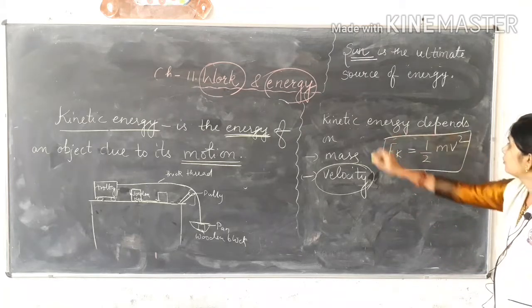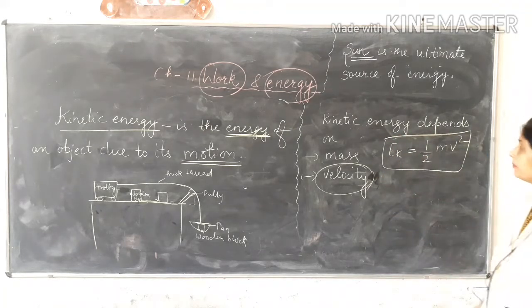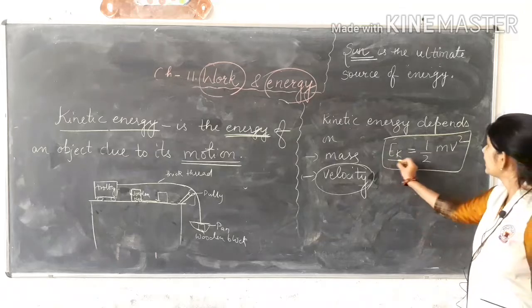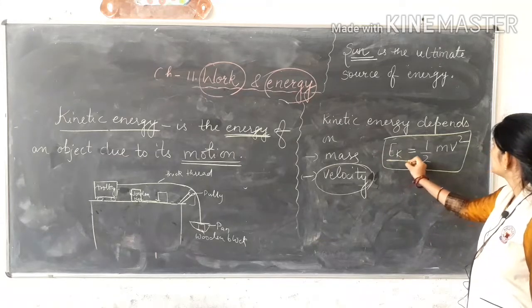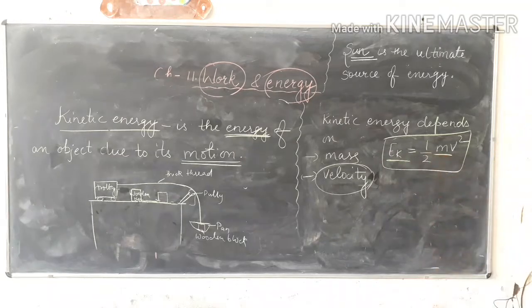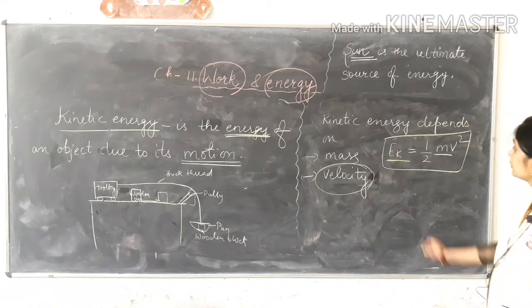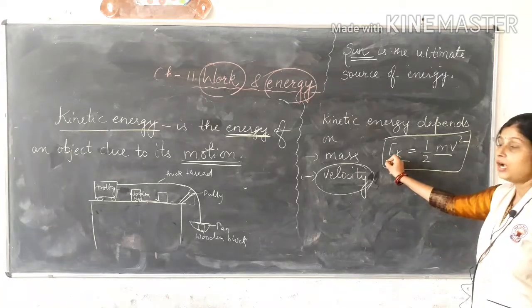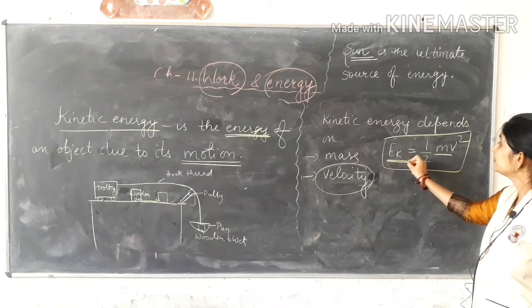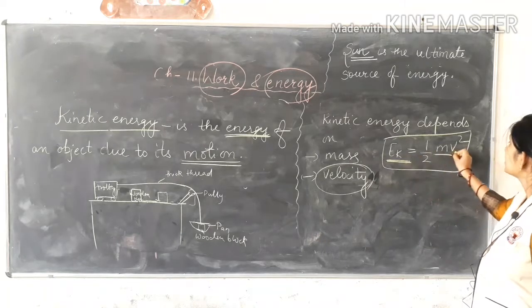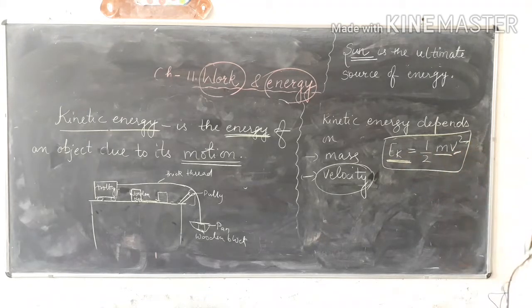So you can see in the formula, if kinetic energy is directly proportional to the mass of the object, then how can you neglect that kinetic energy is directly proportional to the square of the velocity?